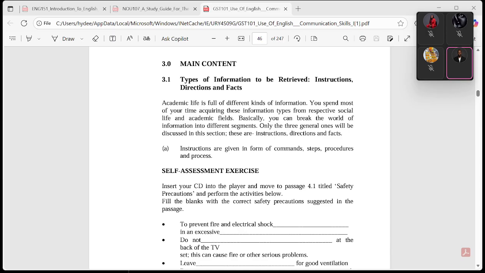For instructions, the form is given as commands, steps, procedures, or process descriptions. If I'm to talk about an event, or I'm giving a command, let's say you're in the military and you're giving a command, of course you'll be able to retrieve information from that command.